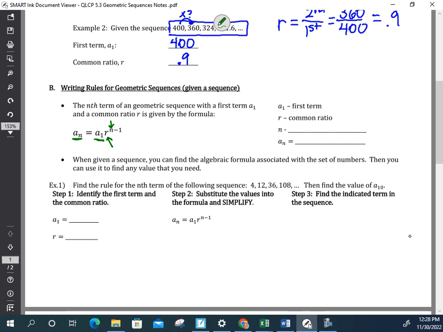This is a1, the first term, times r to the n minus 1 power. a1 is still the first term, r is the common ratio, n is your desired term, and a sub n is the value of the desired term.